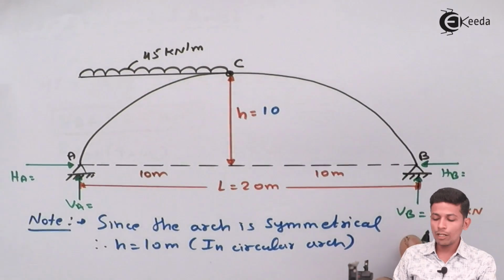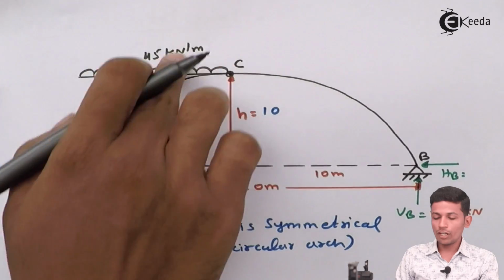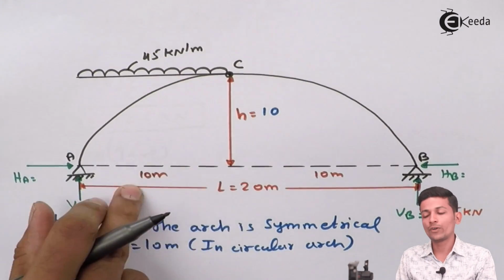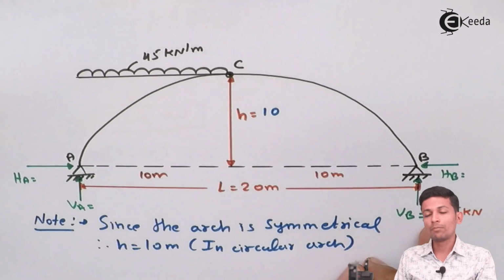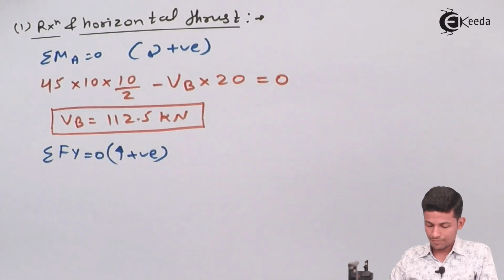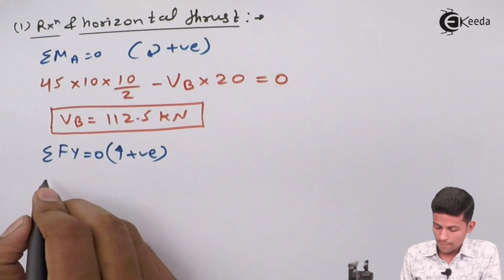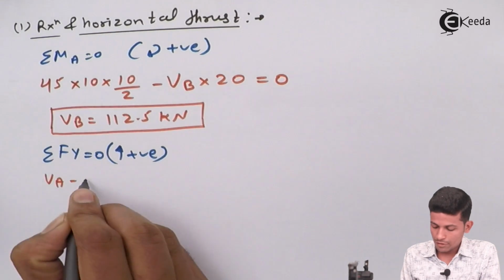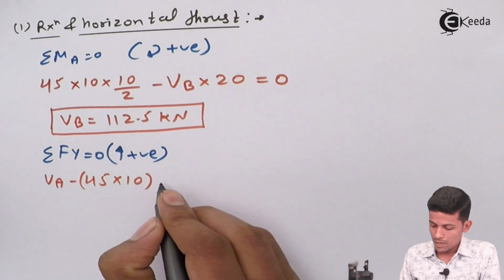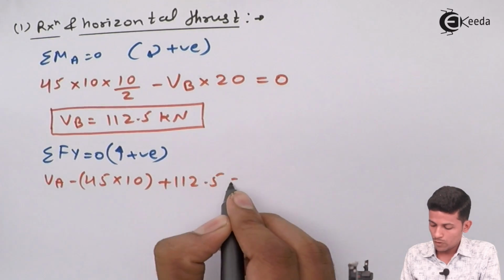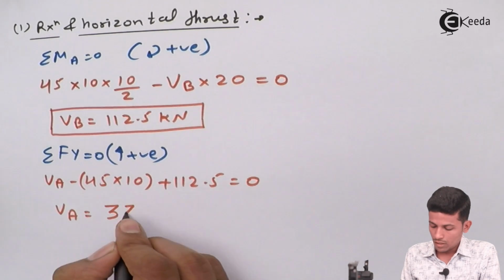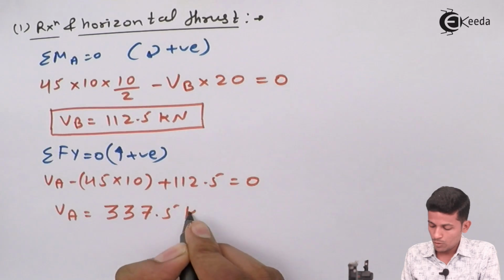Now when we are finding VA, the 45 into 10 comes in, only take the load, not the distance. So VA minus 45 into 10 plus 112.5 equal to 0. While solving this, you get the value of VA as 337.5 kilonewton.